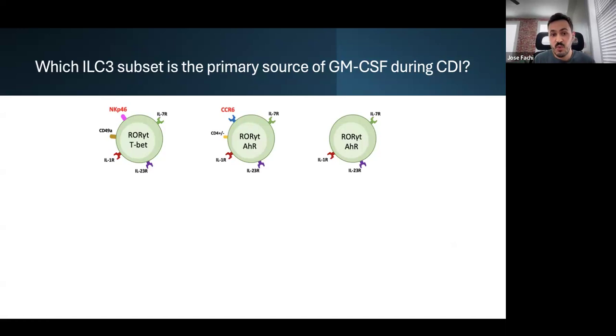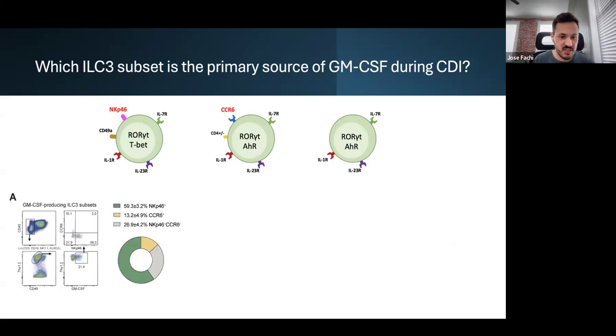So we decided to check whether this subset was the main source of GM-CSF, or whether GM-CSF was produced by another subset under infection condition. By gating whole ILC3s, GM-CSF positive cells, and checking the expression pattern of these receptors, we noticed that the main source of GM-CSF was the NKp46 positive ILC3s.